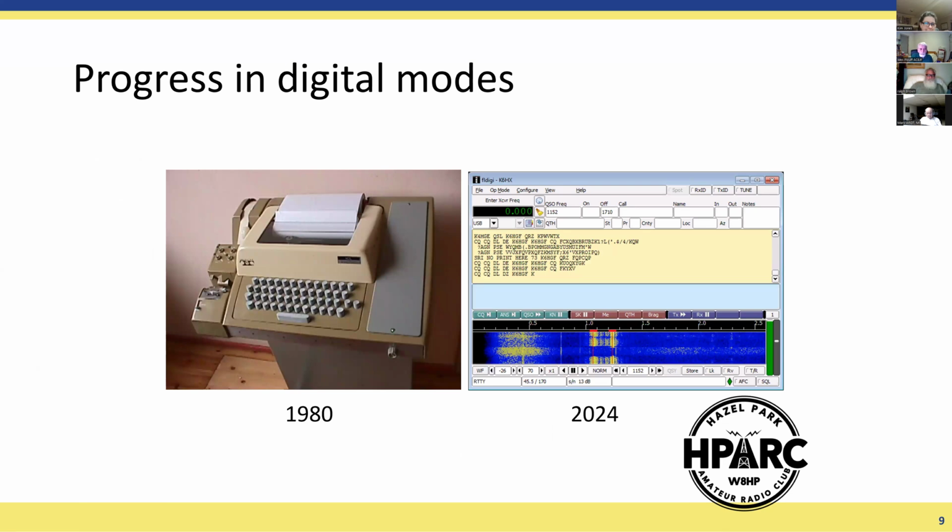To give you some idea, in 1980 people used teletype machines.